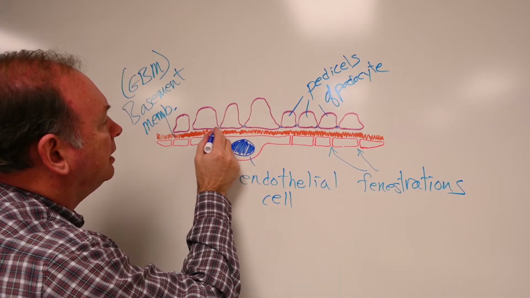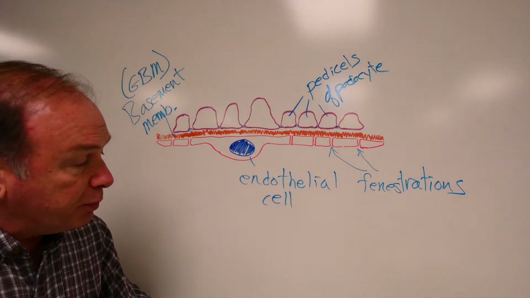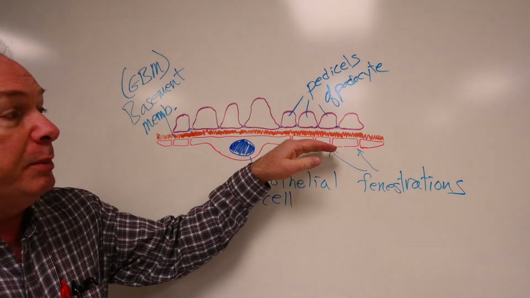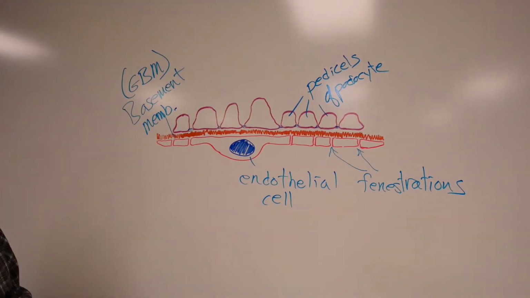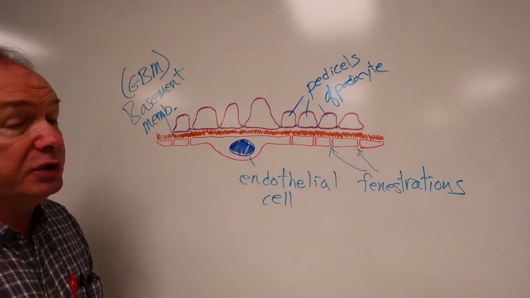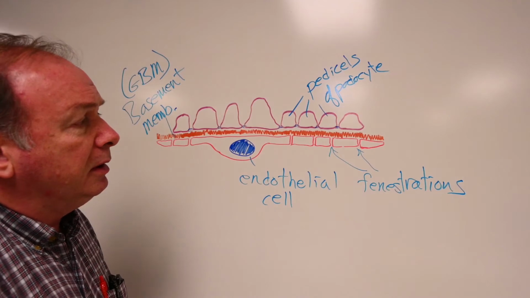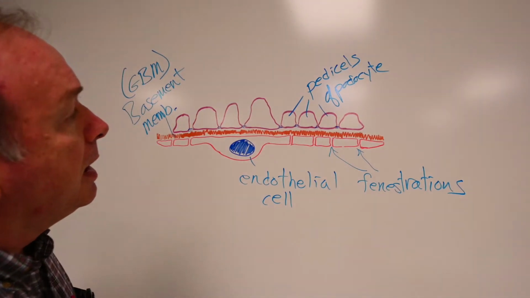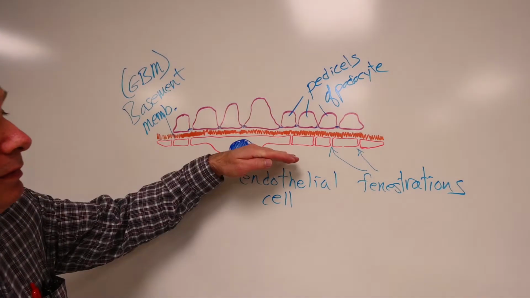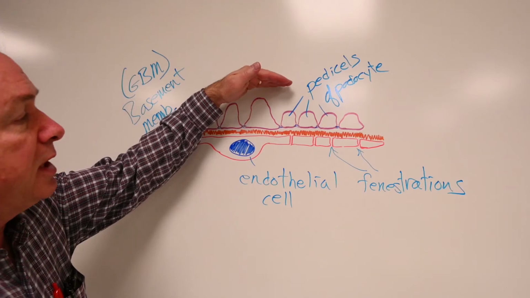I'll just put some little lines in there to represent those proteins that become established between those foot processes and make the third layer of the filter here, and we refer to those as filtration slits, podocyte filtration slits. Your book will refer to them as filtration slit diaphragms. So that's the barrier between blood and the space outside in Bowman's capsule there.